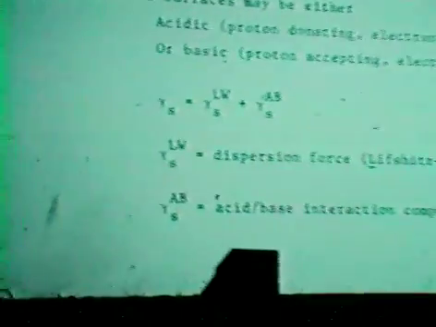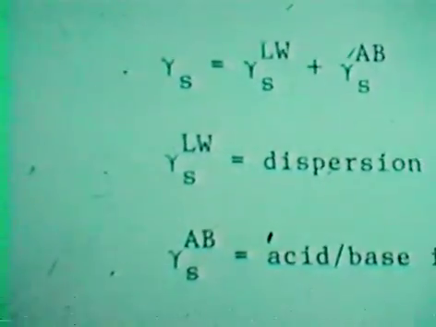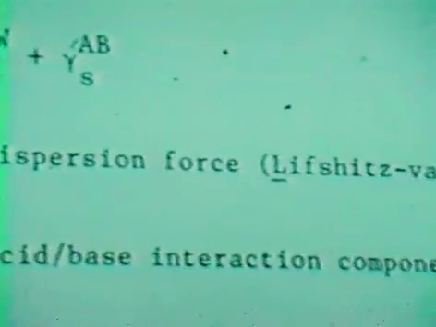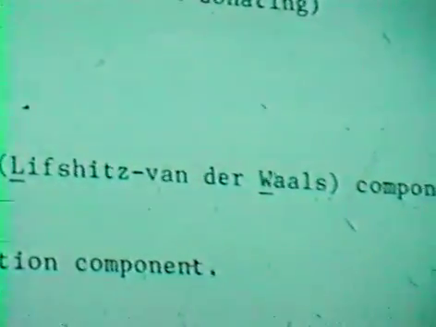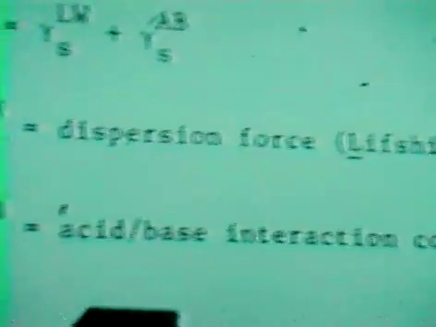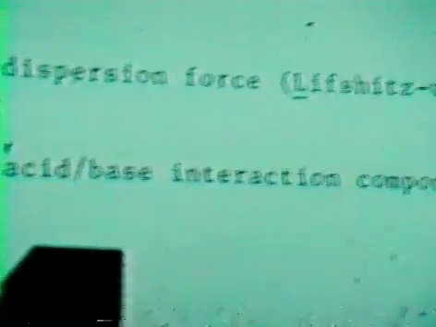It corresponds more or less to gamma D. And the gamma AB is due to acid-base interactions. Next slide.